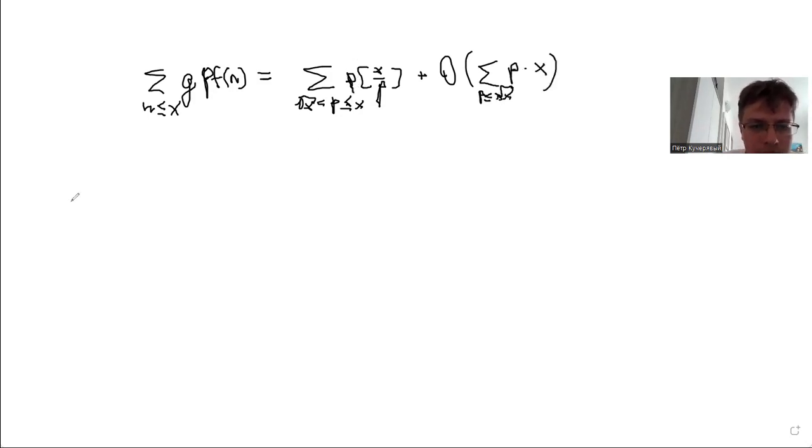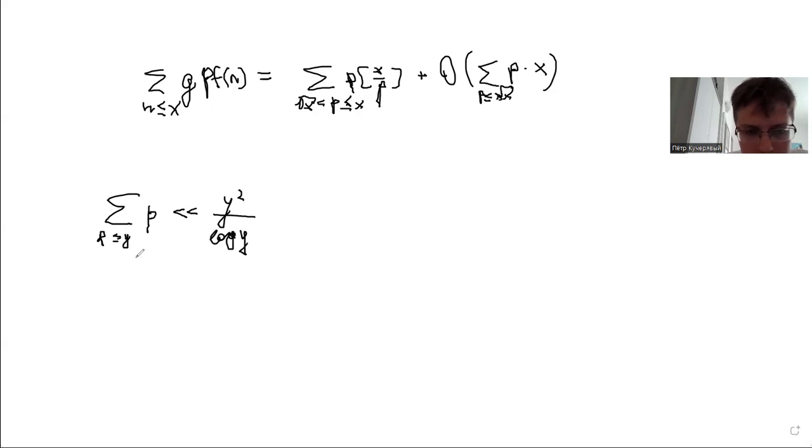And to understand something about such sums, we want an asymptotic for the sum of primes less than y. And as we understood, it is less than y squared divided by logarithm of y.